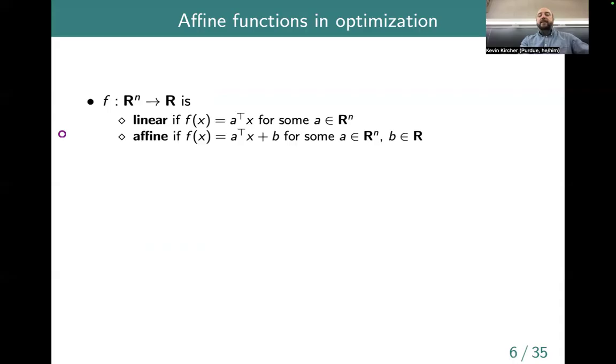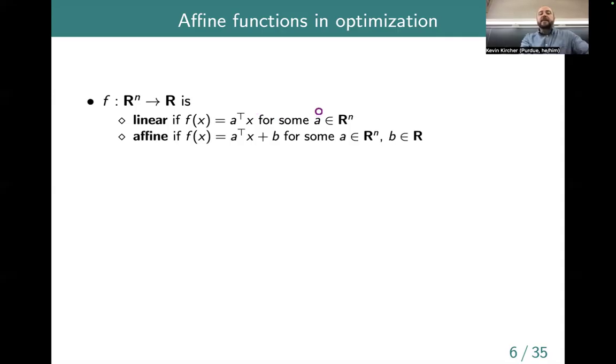So one important object that we learned about is an affine function, which is basically a y equals mx plus b type function, but potentially in higher dimensions. I'm talking about scalar valued functions, but you can generalize this to vector valued functions as well. But f here, going from R^n to R, is linear if it can be written as a^T x, the inner product of a and the vector variable x, for some vector a.